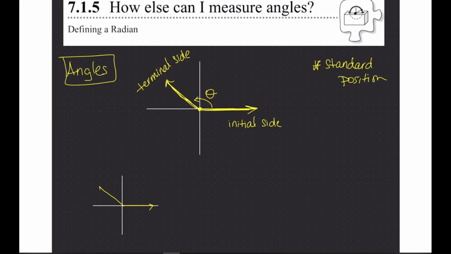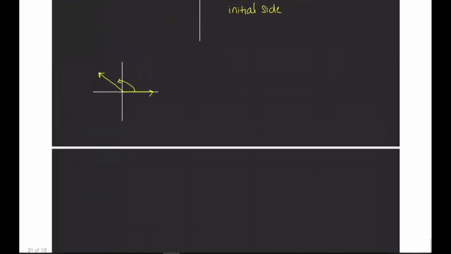If I go from my x-axis counterclockwise, this is going to give me a positive angle. Anybody want to guess a degree for that? We can call it a little theta in there if we wanted to.